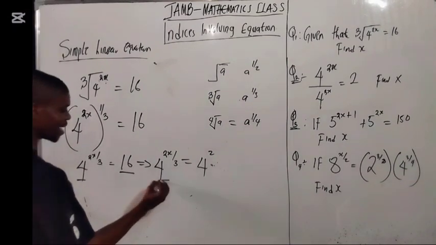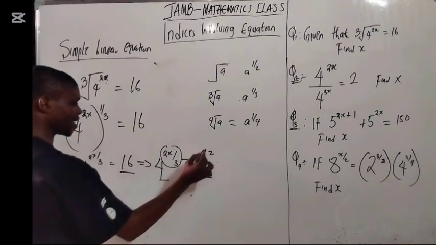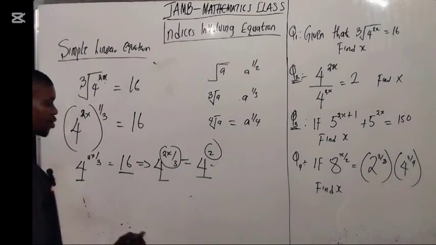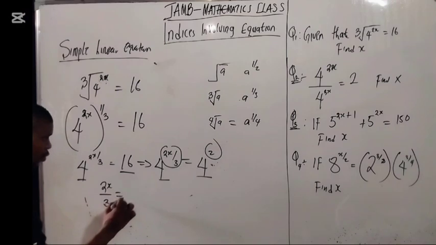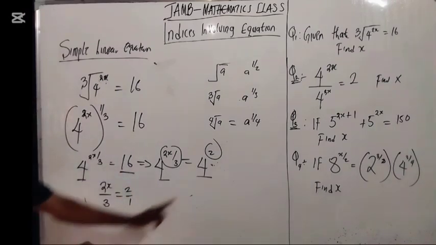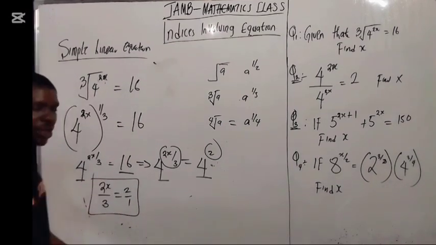Now, because the two bases are the same, we have to equate the power. So this is equal to this. Here we go to 2x over 3 equals 2 over 1. Can you see that? This is where we solve it like a linear equation.